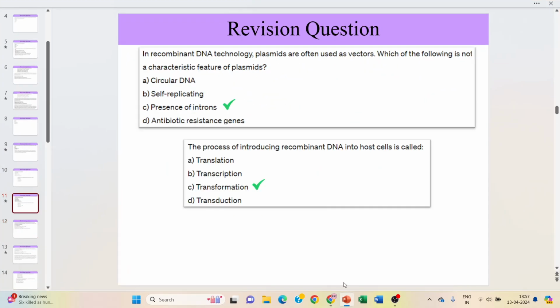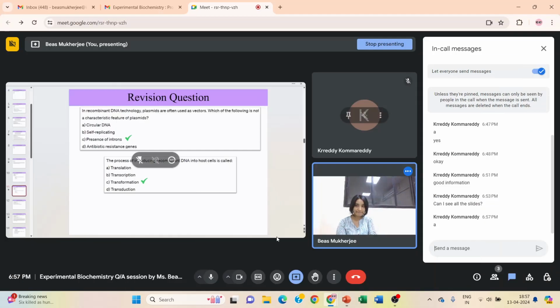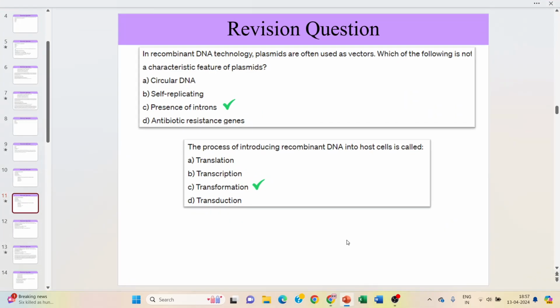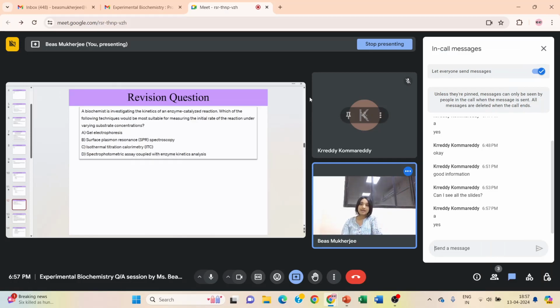That is very good. The process of introducing recombinant DNA into host cells, it is transformation. Translation is synthesis of protein. Right? Okay. So let's look at the next experiment. A biochemist is investigating the kinetics of an enzyme catalyzed reaction.